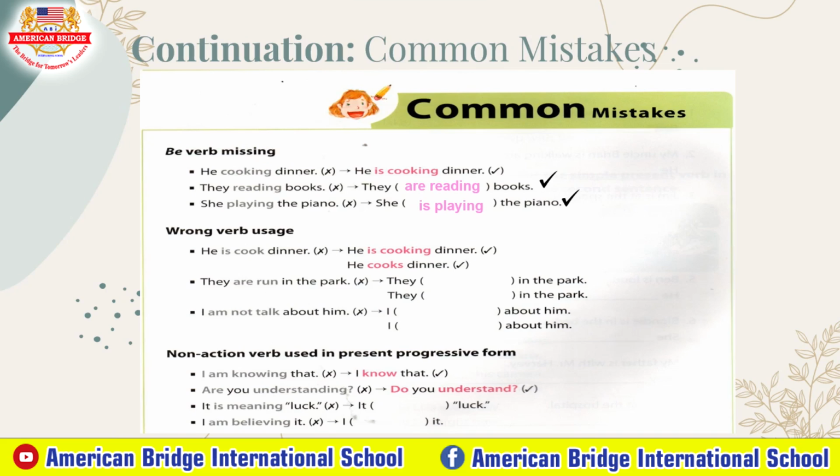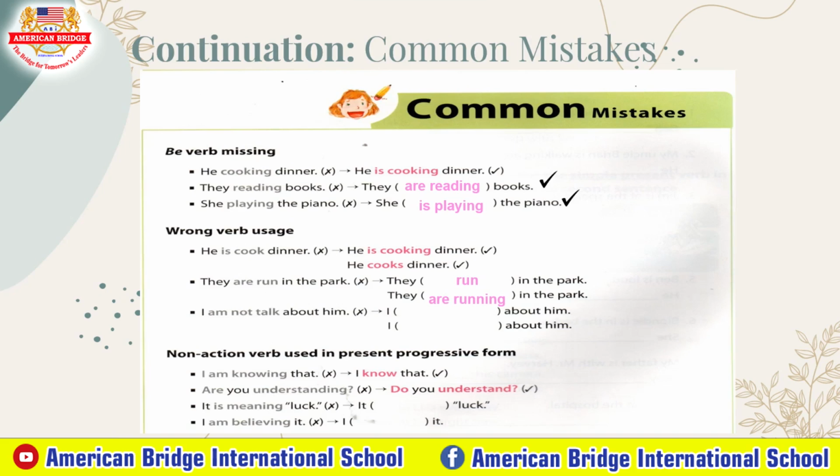So here's the first correct sentence. They run in the park. I know most of you thinking they are running in the park. Yes, definitely you are correct. That is our second sentence for this example. They are running in the park is also correct, and they run in the park is also correct for this sentence.